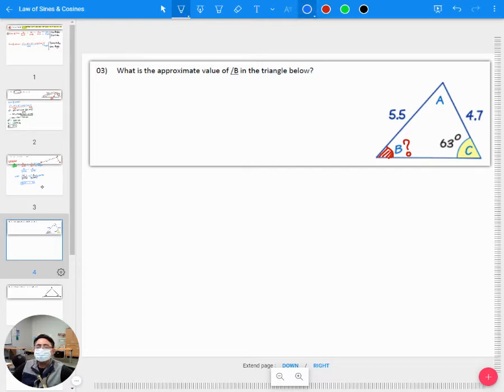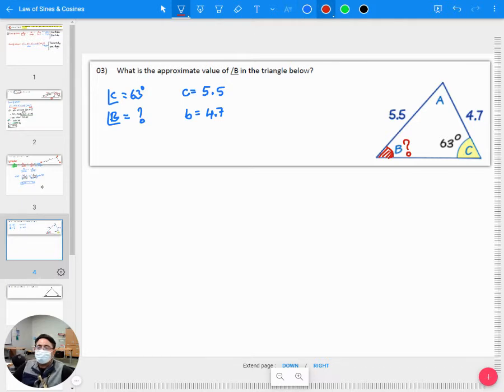I see that angle C is given as 63 degrees, and you are asked to find angle B. Opposite to angle B, I see that 4.7 is given. Therefore, small b, the side opposite to angle B, is 4.7, and next, opposite to angle C, which is lowercase c, is 5.5.